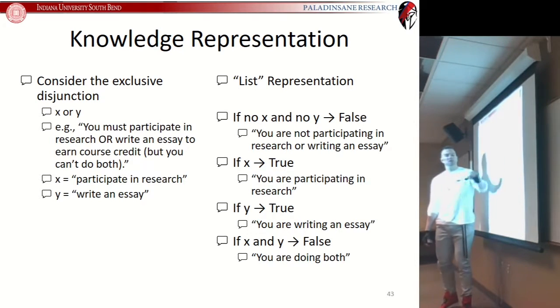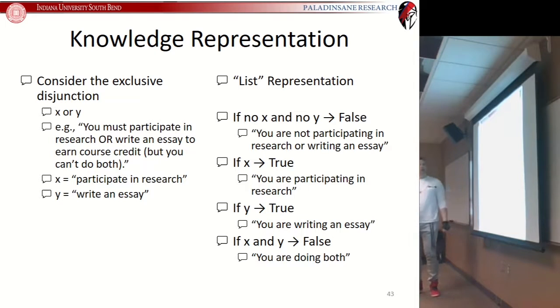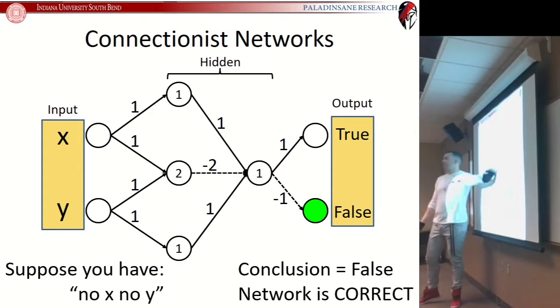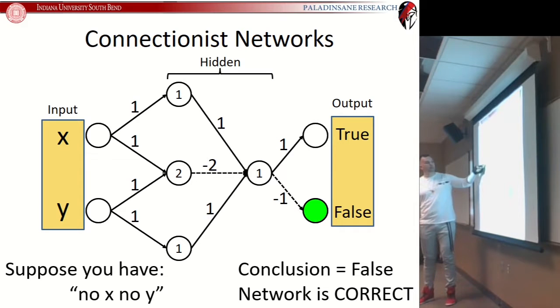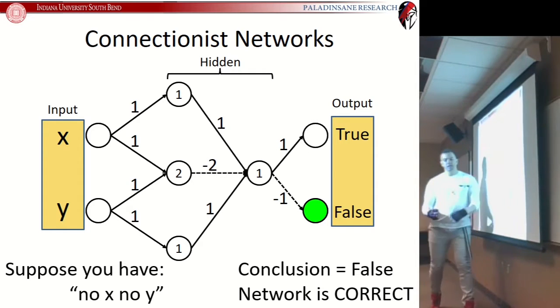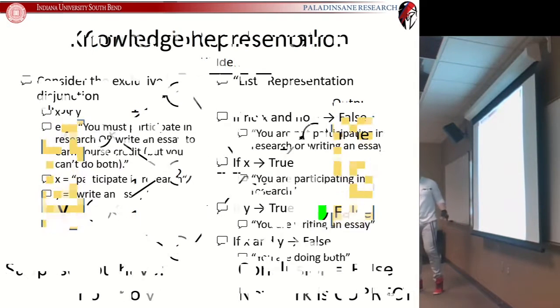Oh, we're in this one. The conclusion is true. But it's also quite possible, and it works, and it kind of captures what we know, that we might have our knowledge represented like this in this connectionist network, where once again, depending upon whether X or Y is activated, we will get, after all this processing, the correct answers.